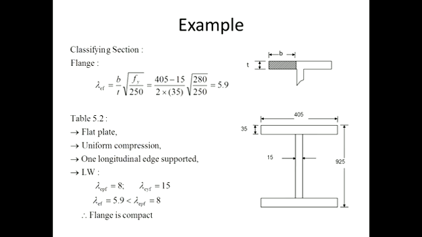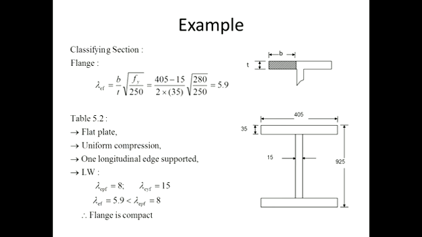So if we look at this plate element value for the flange, and we compare it to the plastic limit and to the yield limit, we can see that lambda EF is less than lambda EPF, so it means that the flange is compact.